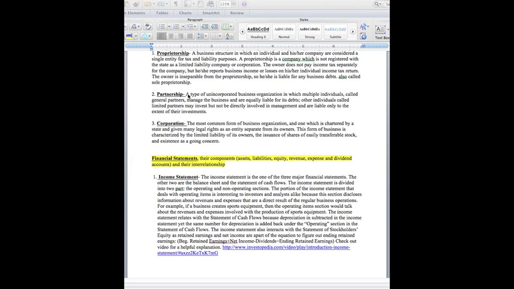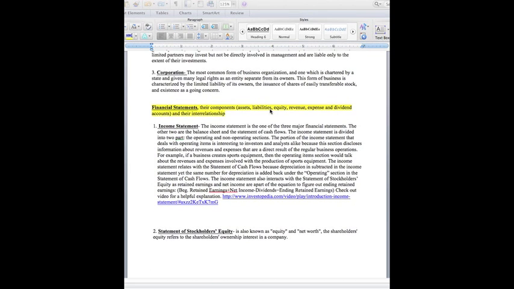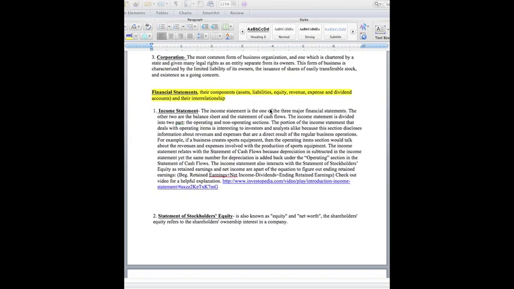Corporation is really the most common, and you hear this term all the time. You don't really hear, "Bob just started up a company and it's a sole proprietorship." I mean, how many times do you hear that? Usually you hear corporation. It's the most common, and it's really the least risky because debt and other things are sort of given out to different partners and different owners.